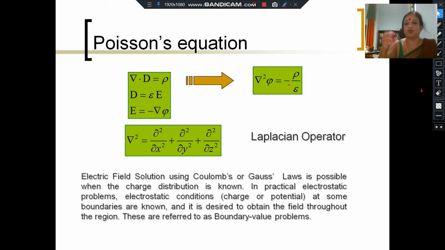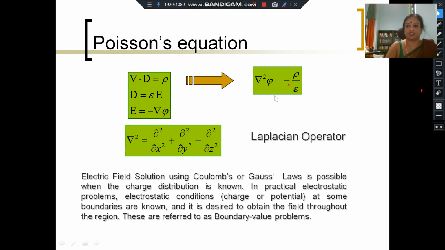When you put charges in a dielectric medium, it results in a potential distribution. It results in a potential difference, and this potential difference you may know. If you have a parallel plate capacitor, you do not know the charge distribution on the parallel plates, but you know that you have applied plus V and minus V on the capacitor plates. So once you know the potential, this potential can be used as a boundary condition to solve a differential equation.